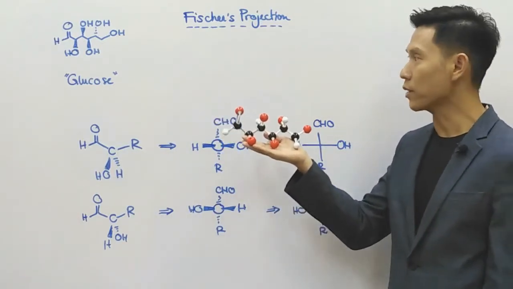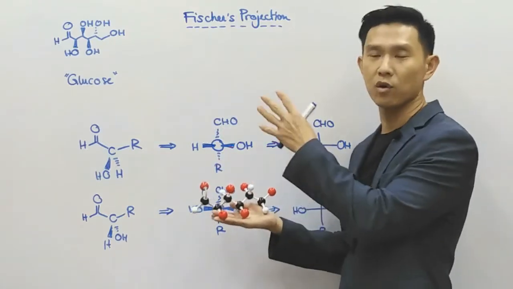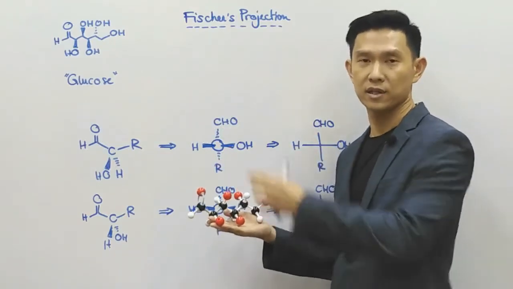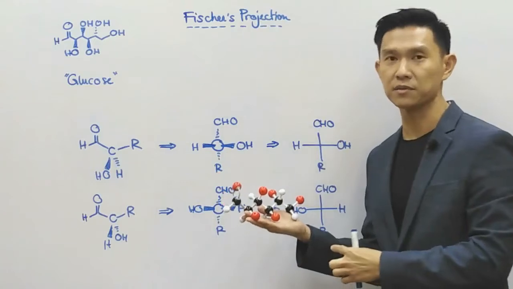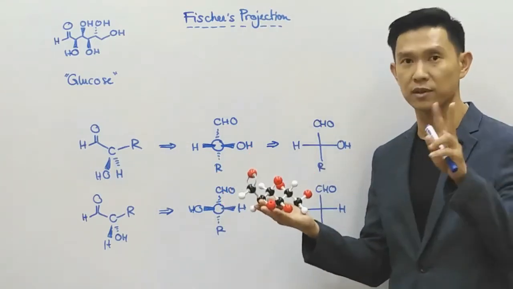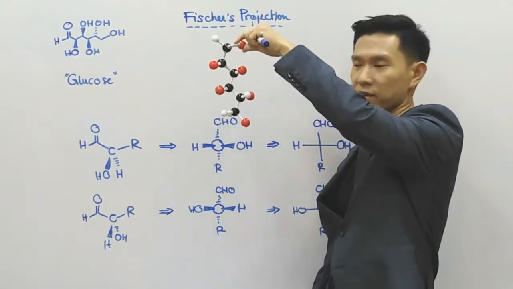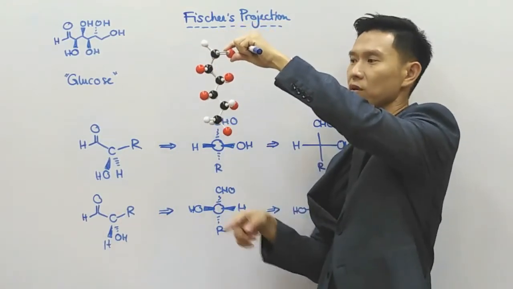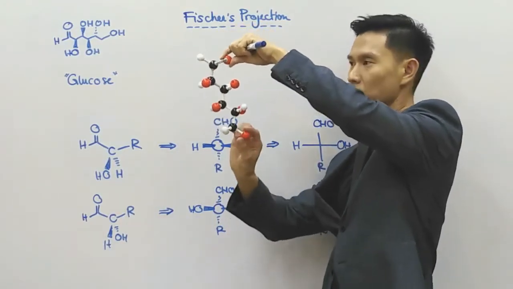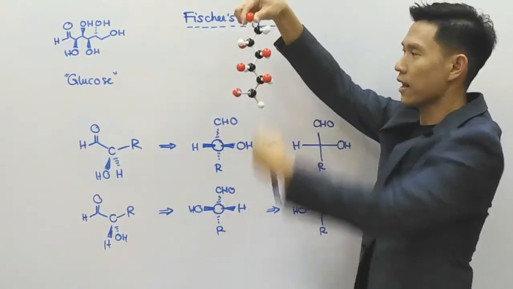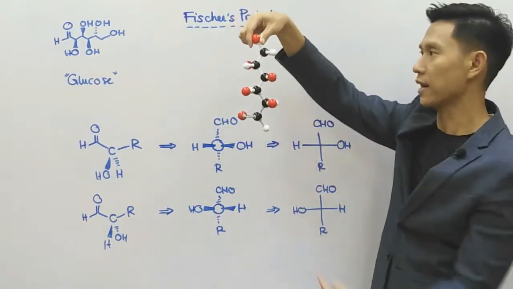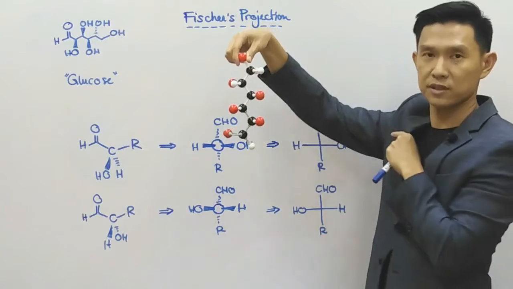So what happens is we have to align all the carbon lines, okay, into a vertical fashion. So what we can do is in two ways. First of all, the aldehyde on top, okay, and drag everything downward. Or we can put the aldehyde at the bottom, okay, and roll upward like this.